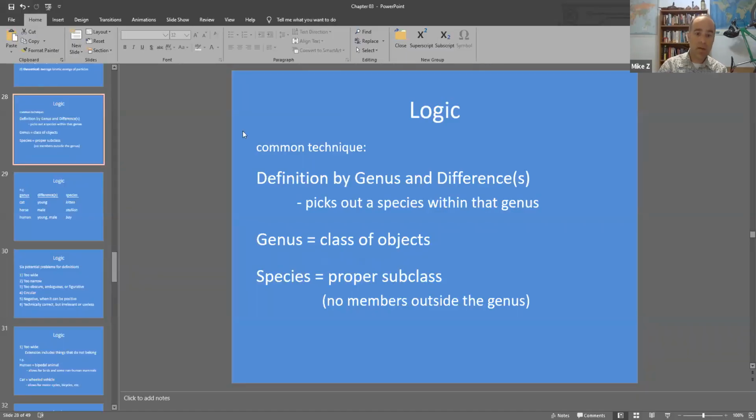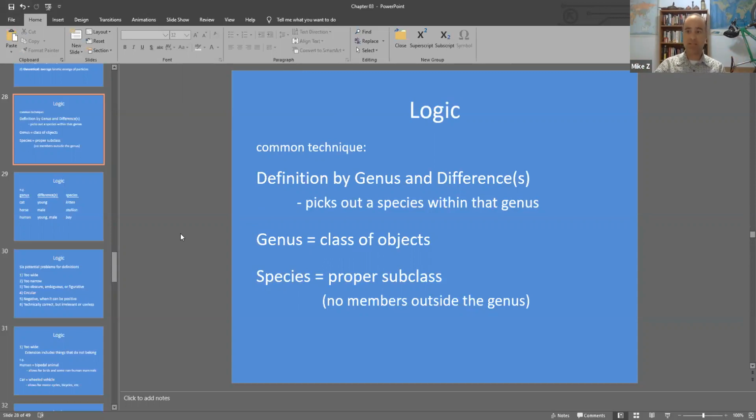Here's another way that people construct definitions. It doesn't necessarily neatly map into the previous categories of definitions that we have, but as they call it in the textbook, definition by genus and difference. So a genus, in the way it's being used here, is just some class, some group of objects that all share a certain set of properties.